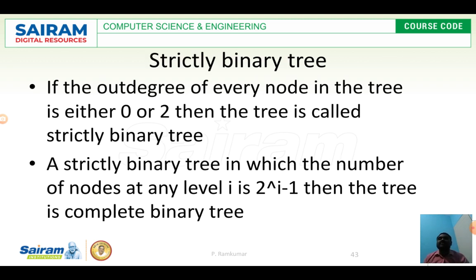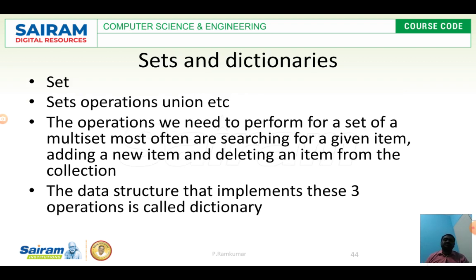A strictly binary tree means the out-degree of every node in the tree is either 0 or 2. Out-degree means the number of children from the node. And a strictly binary tree in which the number of nodes at any level i is 2 to the power of i minus 1 is a complete binary tree.